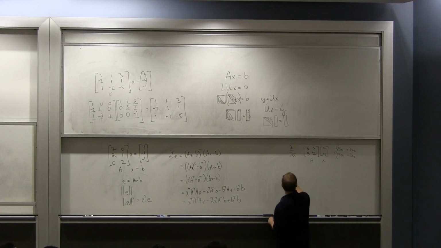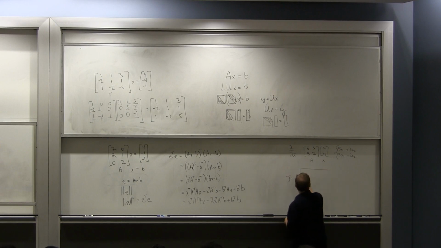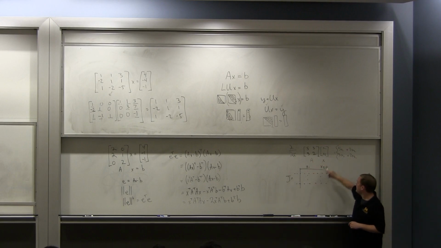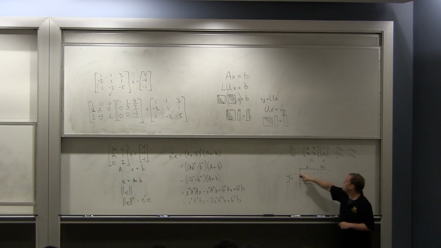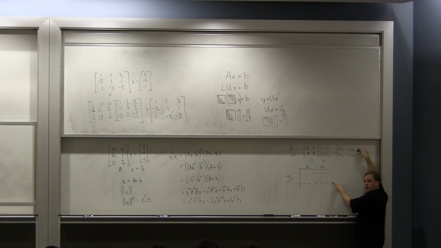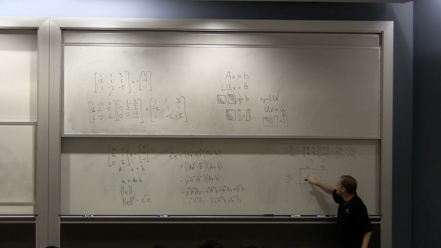So here's our Jacobian. The way to think about this is we've got our equations running this way and our variables running this way. So in the first column are all of our partial derivatives with respect to x1. In the second column are all the partial derivatives with respect to x2. The first row is all the partial derivatives for this equation, and the second row is all the partial derivatives for this equation. So what goes here?